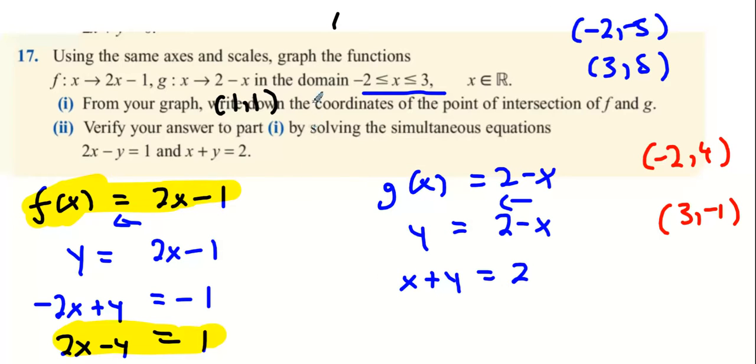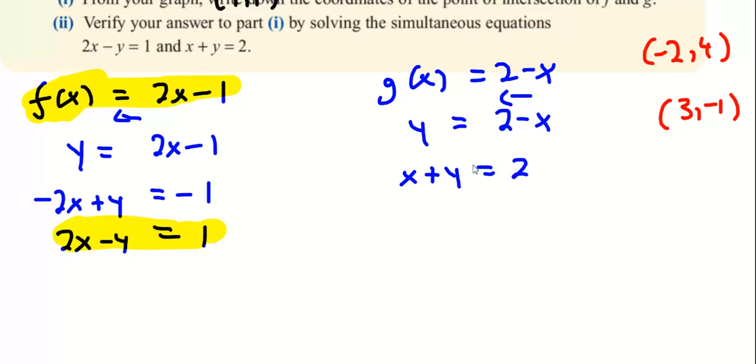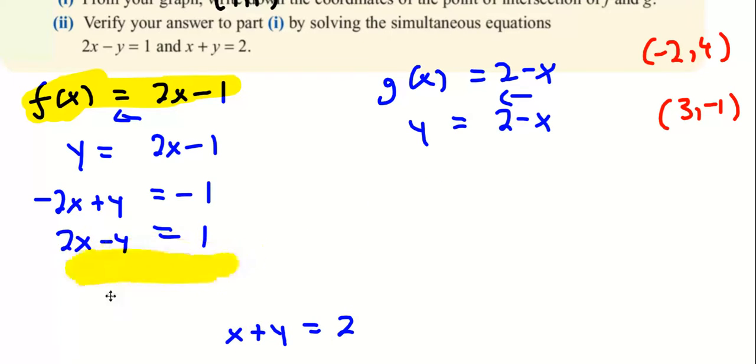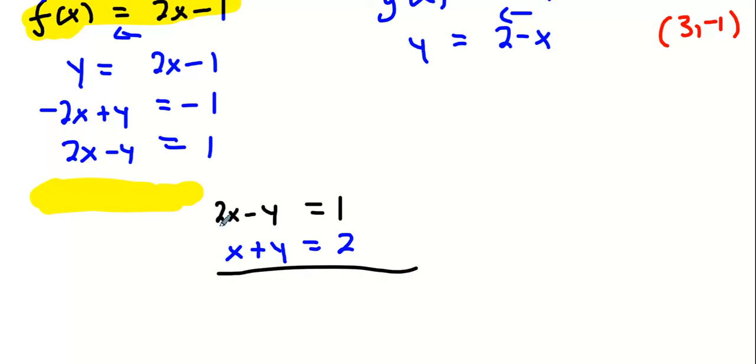Now, we're going to solve a simultaneous equation by working these two formulas together. So this one here, and hopefully, no, they're still attached. So it's going to be the 2x minus y equals 1. And here's what we're hoping to get. 2x plus x is 3x, minus y plus y cancels, equals 3.